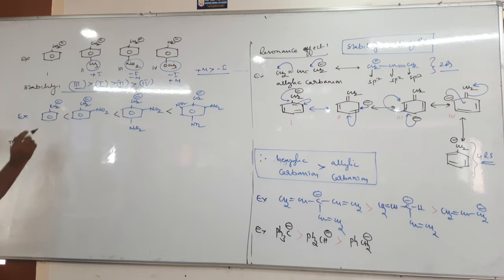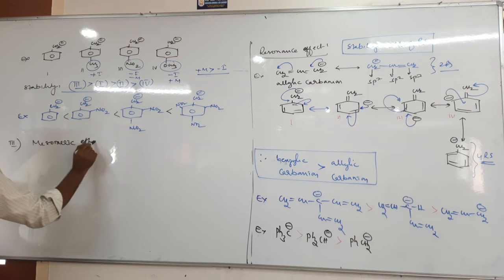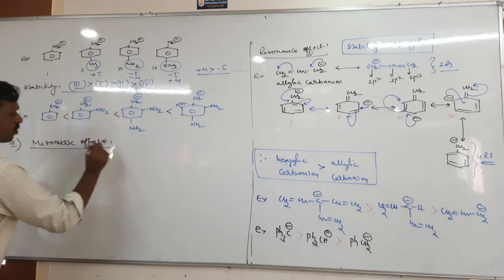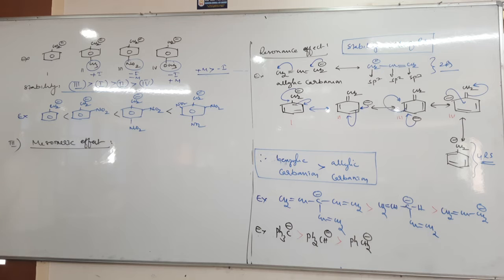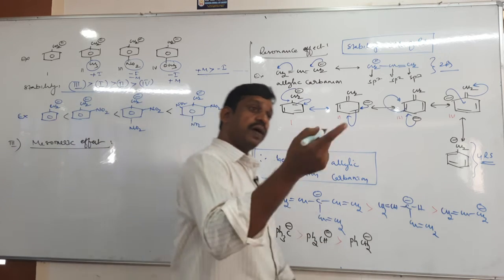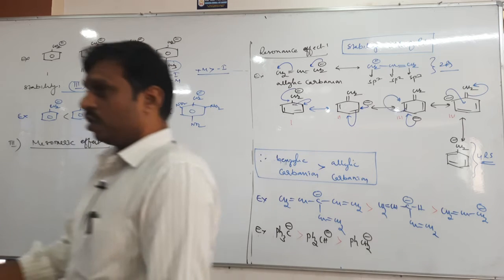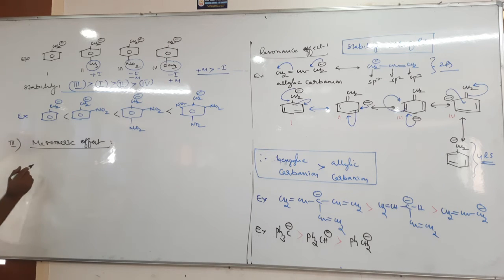And the third one is mesomeric effect. In mesomeric effect, again there are two effects, plus M and minus M. So which is a plus M effect? Electron releasing effect. Minus M is electron withdrawing. Now tell me, stability of carbanion.